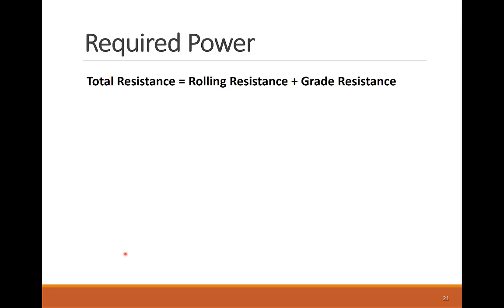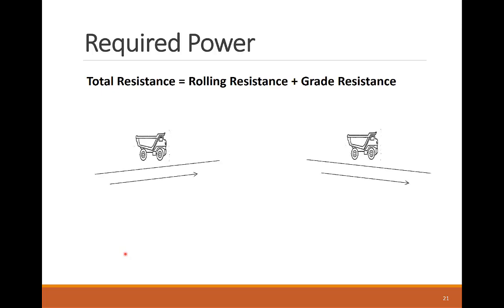But when we add the grade and rolling resistance values, we need to pay attention to the sign depending on if the equipment is driving uphill or downhill the grade. The grade resistance will be positive driving uphill and becomes negative when driving downhill, which means it's not resistance anymore.